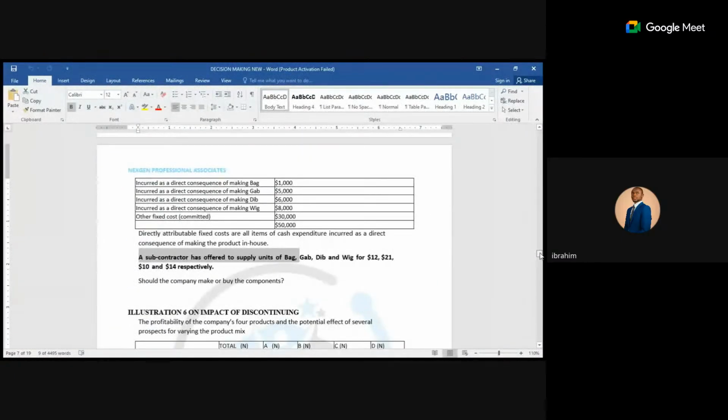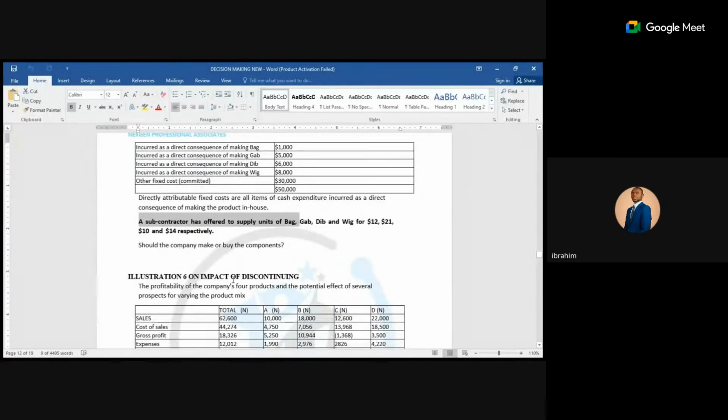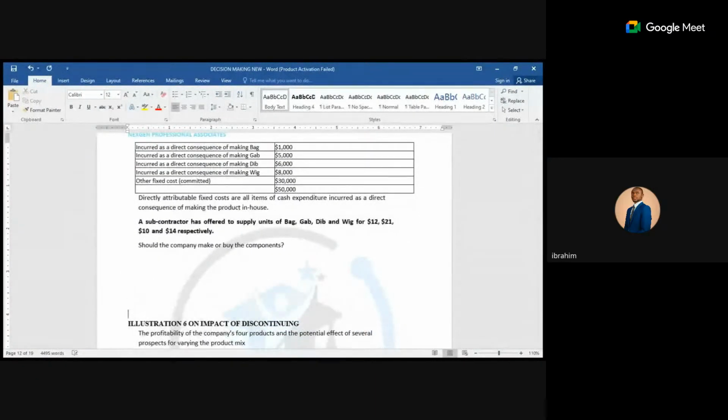So we have here the subcontractor has offered to supply units of bag, gap, dip, and wig for 12 naira per unit, 21 naira per unit, and so the supplier is willing to supply this.